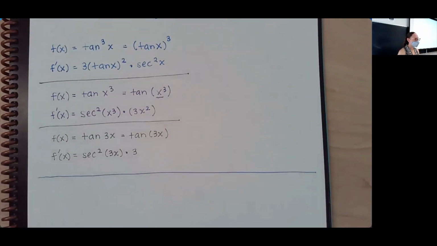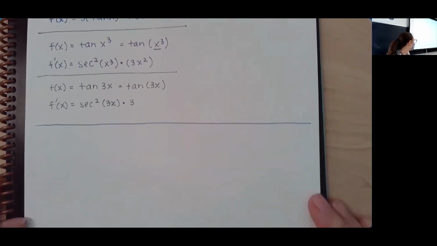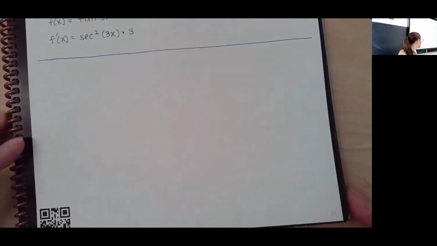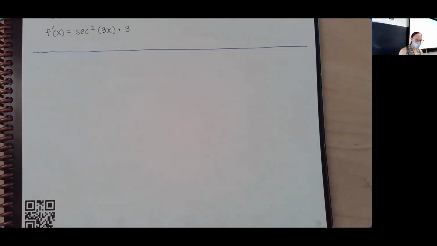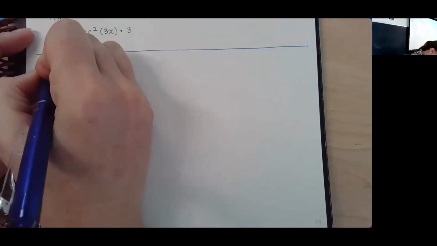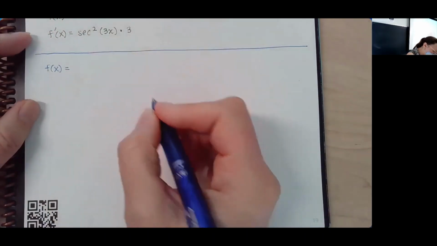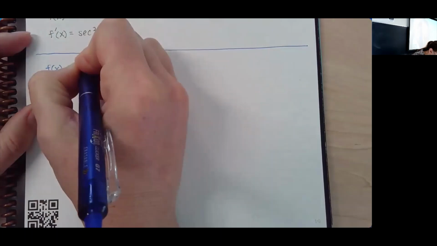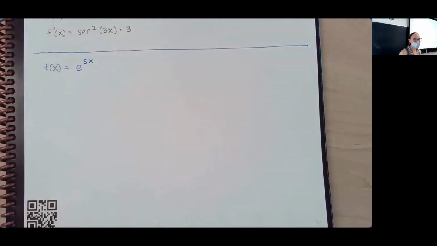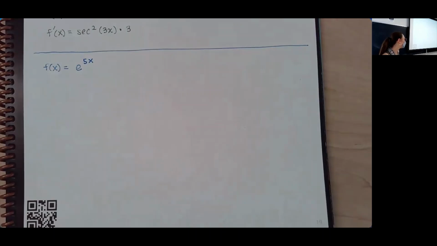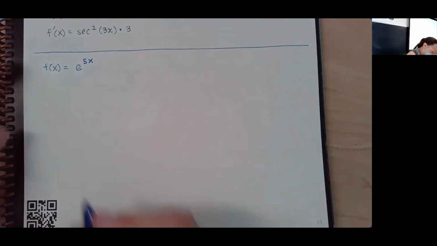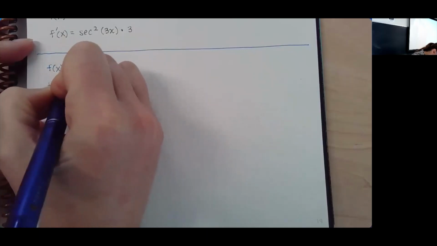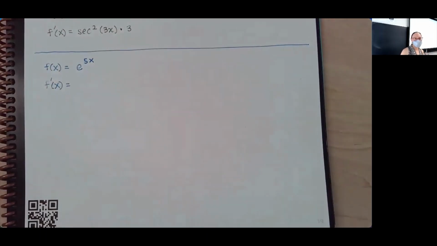Should we do some more that are common places where people make mistakes? So another deceptively simple looking thing. If my function was something like e to the 5x, the derivative of e to the something is e to the something.